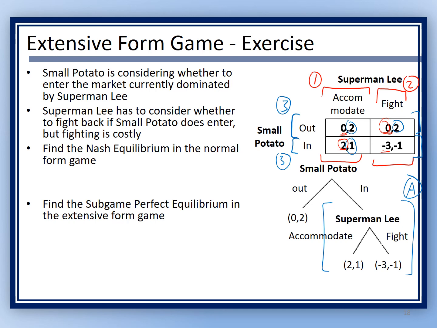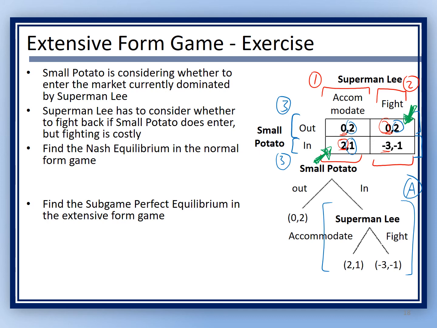In this case, there are two Nash equilibria. The one where Superman Lee accommodates and Small Potato comes in, and the other where Superman Lee decides to fight and Small Potato stays out. In any case, there is no fighting. I come in, you stay out, and if you decide to fight, then I simply don't come in.